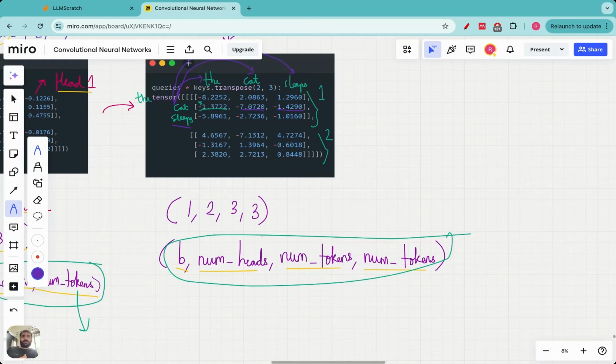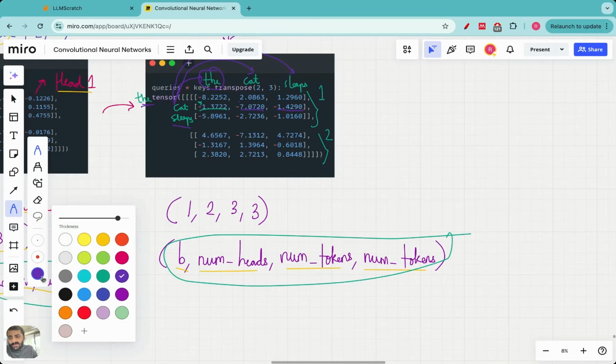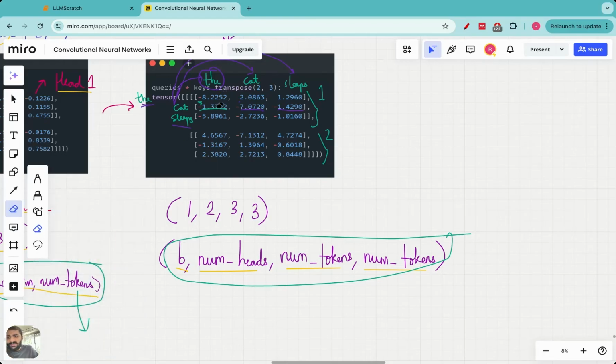But that's not the mechanism in causal attention. What causal attention says is that when you look at the, you should only look at the attention score between the and what comes before it. Let me first rub this so that, yeah.